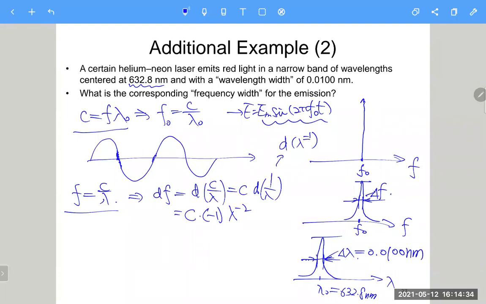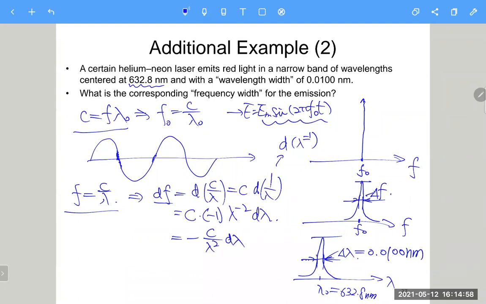In this case, we can really calculate the df. And of course, we still have d lambda for the chain rule. Or we can just rewrite it as df equals -c over lambda squared d lambda.